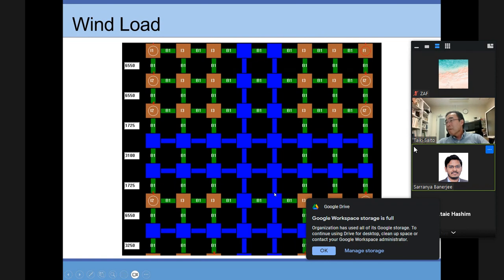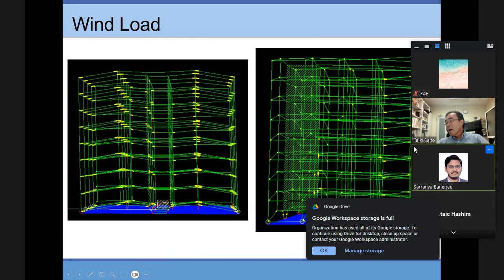When I apply the load, these columns tend to stick to the ground, and because the isolators here have a lateral stiffness of almost zero, their vertical stiffness is also not very high, and hence the building tends to go up.